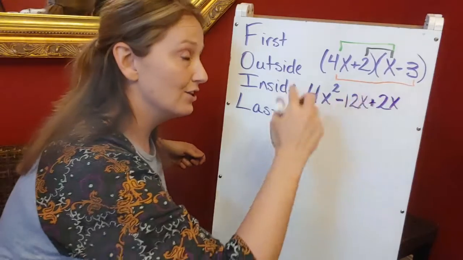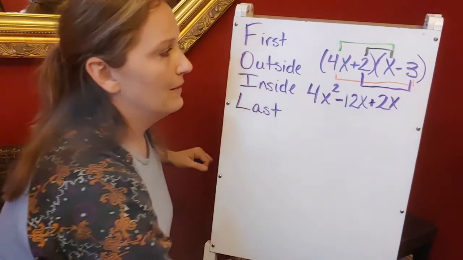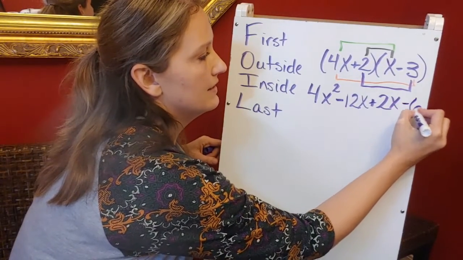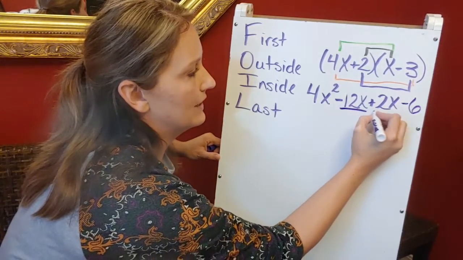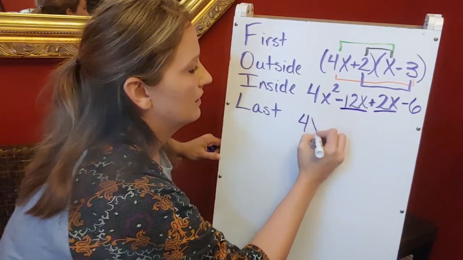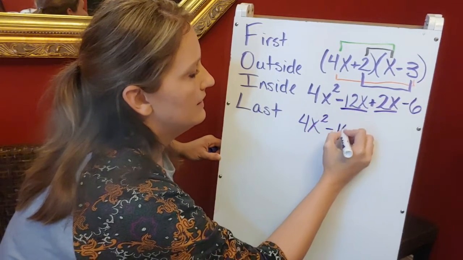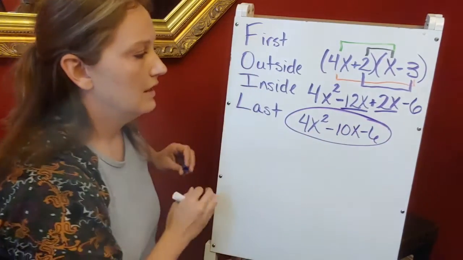It's the very last terms in both sets of parentheses, and that's my 2 and my -3. So 2 times -3 is -6. And then we're going to combine our like terms right here in the middle to get 4x squared minus 10x minus 6.